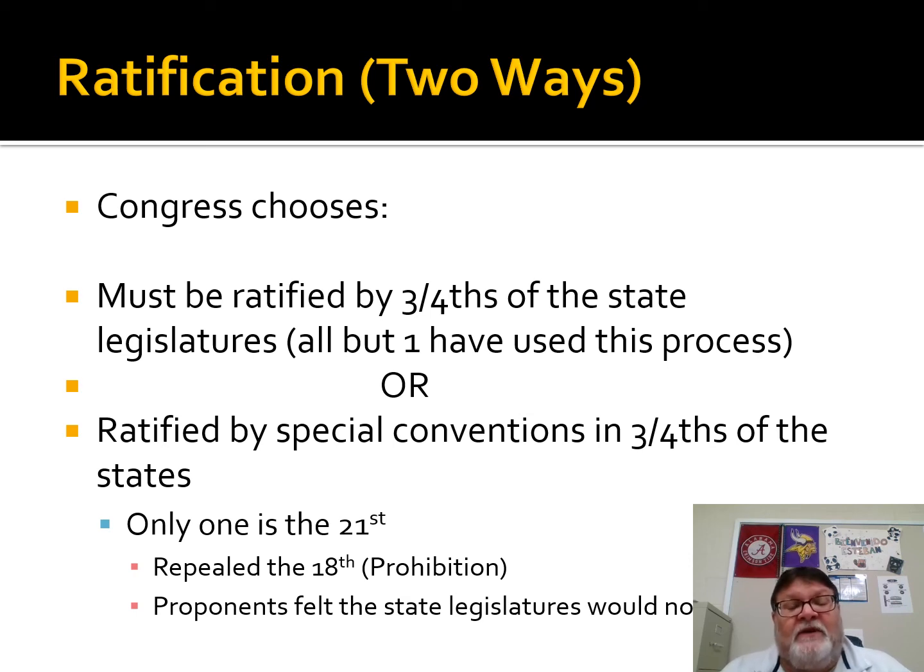So they chose to do it with conventions chosen by people because they knew the majority of the population in the country was for repealing prohibition. So again, that's the one way that one was done. The rest of them were done the other way. So just remember, when you put them together, either proposal way is 2/3 of something, either ratification way is 3/4 of something.